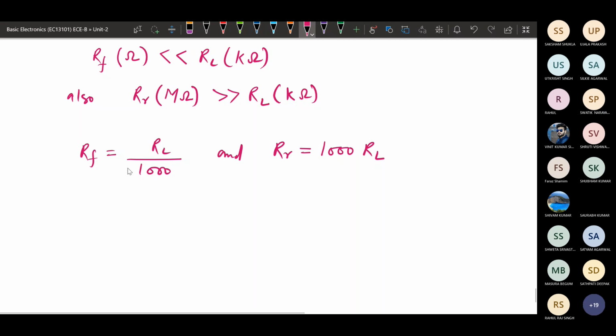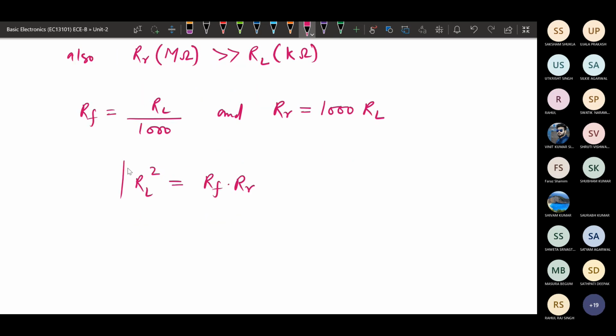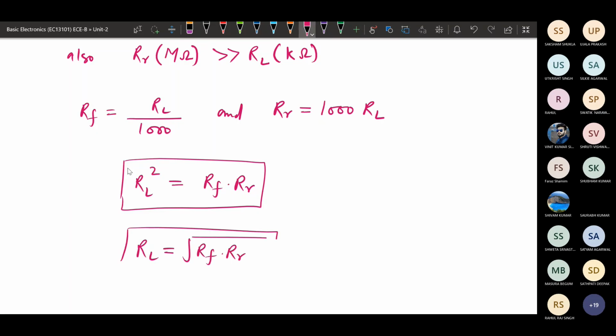From these two, if we want to calculate RL square, we just multiply these two equations, and we get RL square equals RF into RR. Or we can write RL equals the square root of RF into RR.